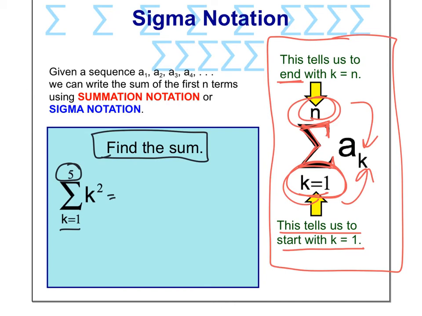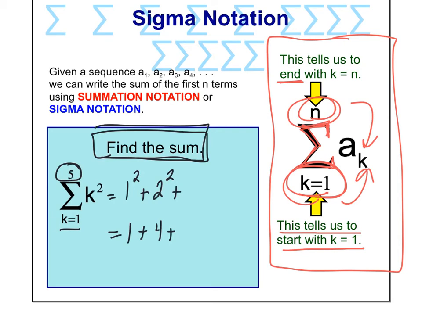So if k is 1, that's 1 squared. Then we will plug in 2. Because we're finding the sum, we are adding these terms. So the first term of this sequence is 1, because 1 squared is 1. And then we're going to plug in 2 squared. Well, 2 squared is 4.